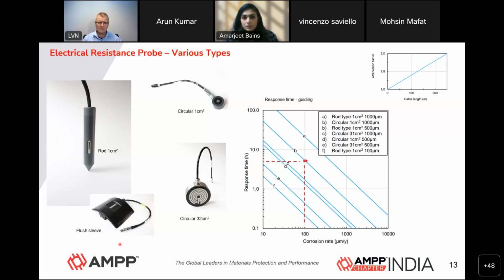So don't do that. You should also make sure that the probe surface is in very good contact with the soil. And you can check that by measuring the initial spread resistance to see that there is actually no voids between the probe surface and the soil, and therefore that there is a good contact between the soil and the probe.